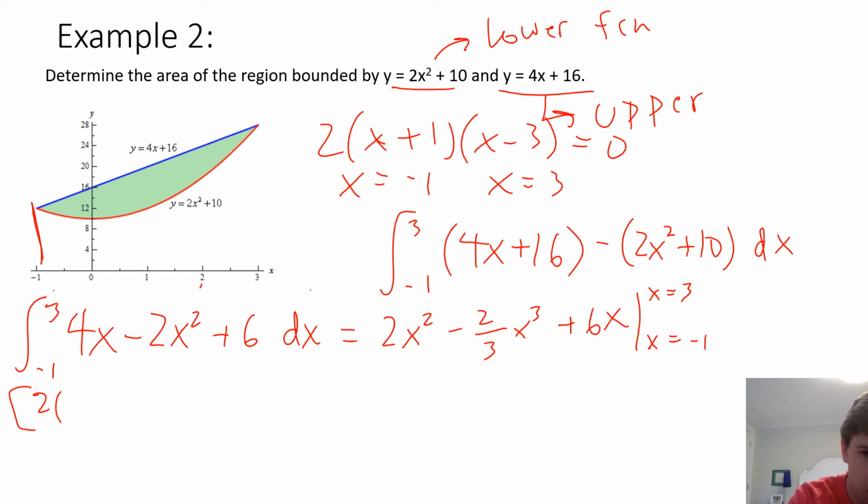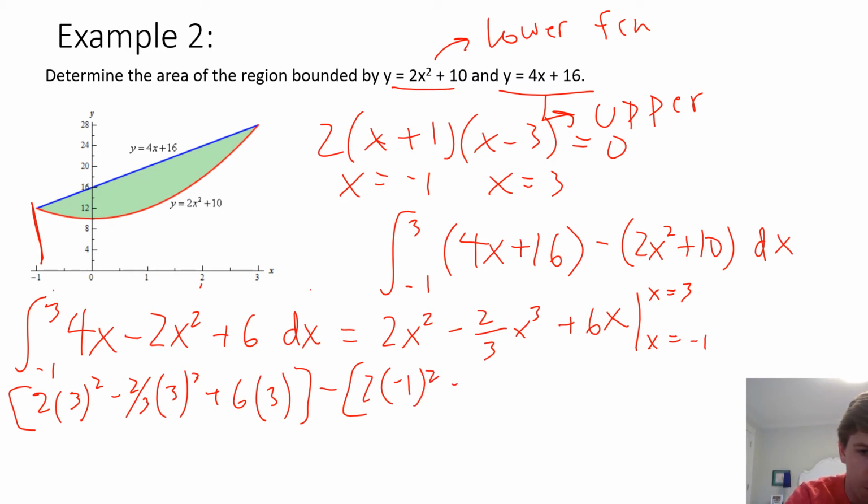So 2 times 3 squared minus 2/3 times 3 cubed plus 6 times 3, minus 2 times negative 1 squared minus 2/3 times negative 1 cubed plus 6 times negative 1.